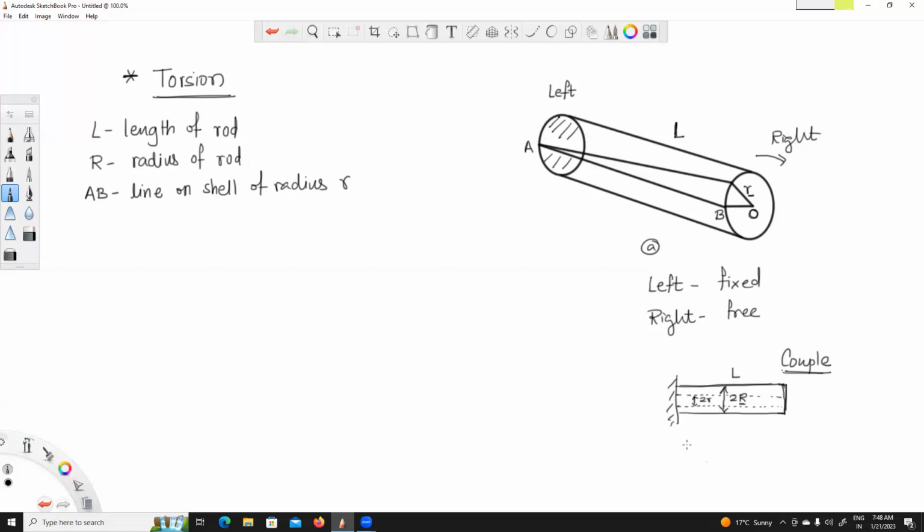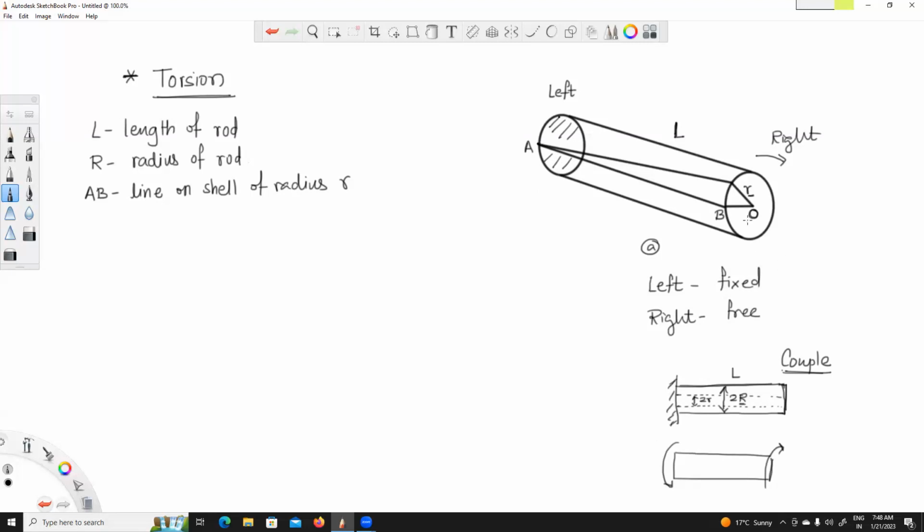If you draw a free body diagram of this rod, you're applying a couple in this direction, and it is going to produce a reverse couple at the fixed end. So basically you're twisting this rod, and as point A is fixed to a rigid support, the left hand support, it is not going to move at all.